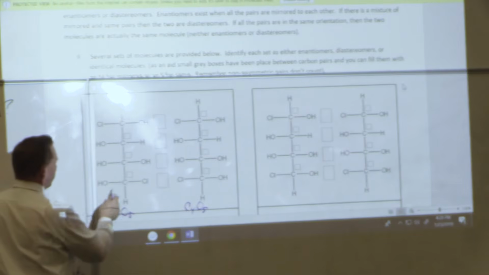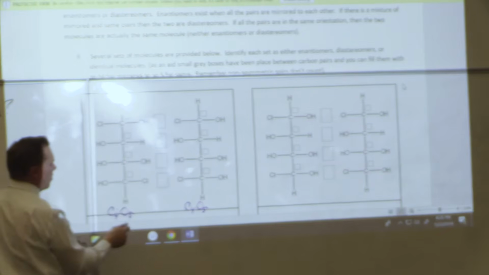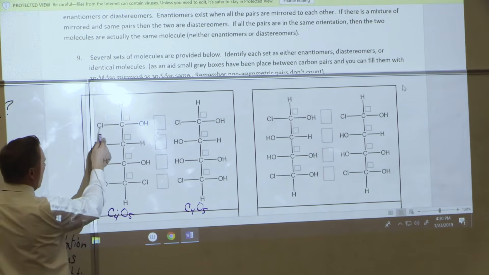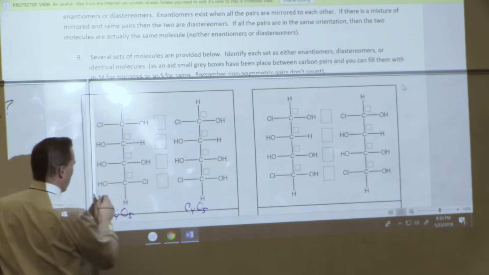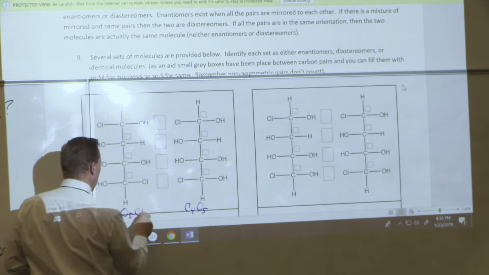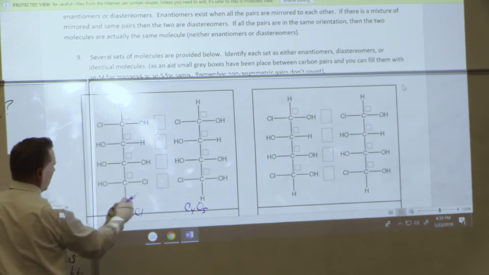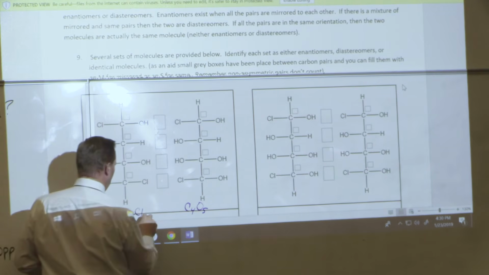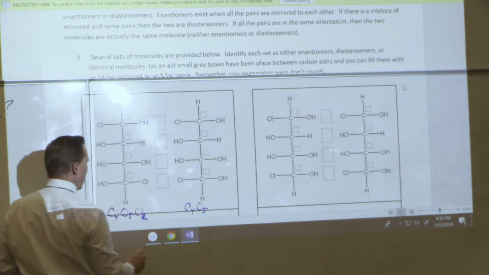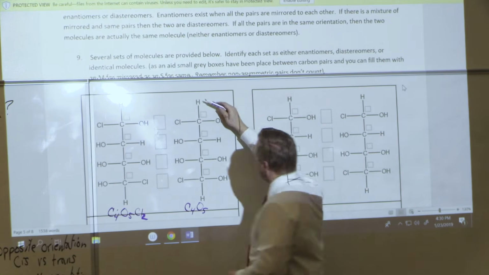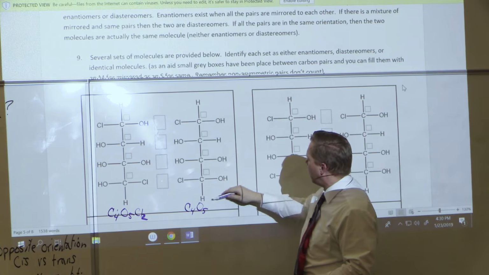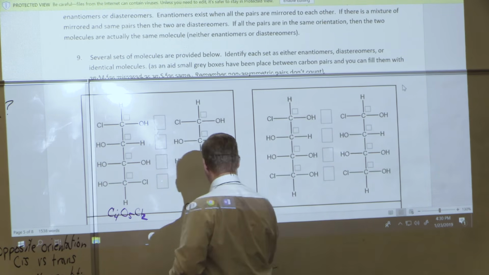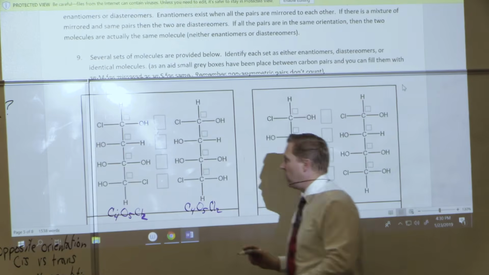Next, I'm looking through. I don't see any nitrogens. I am noting that there's a couple of chlorines there. So let's go ahead and count those. So chlorine, I've got 1 chlorine, 2 chlorines. So Cl2. Over here I go through, I've got 1 chlorine right there, and I've got a second chlorine. So that's Cl2. No differences so far.